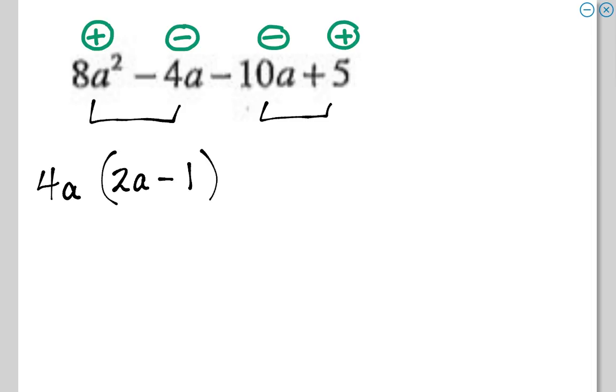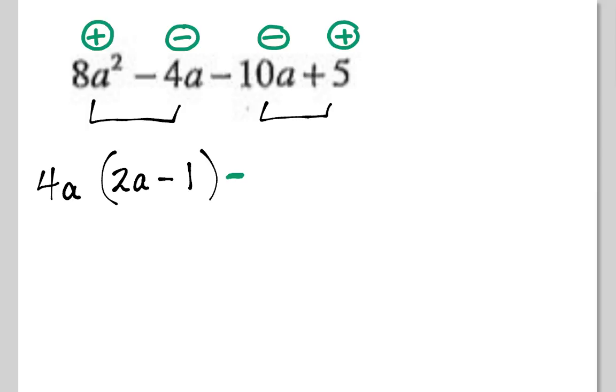So what I'll do here is I'll actually factor out a negative GCF. In all those previous examples, we factored out positives. Here we're going to factor out a negative, which will reverse that pattern, so that the pattern goes plus, minus, plus, minus. That's what you need, so that this 2a minus 1 is identical here.